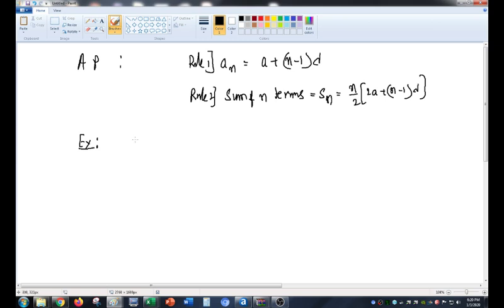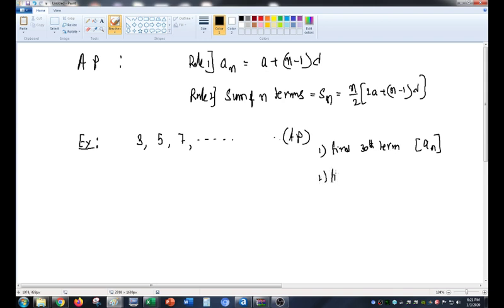For example, I will give you one progression: 3, 5, 7 and so on. This is an AP, arithmetic progression. In the first question you may have to find the 30th term. That means you have to use the an formula.